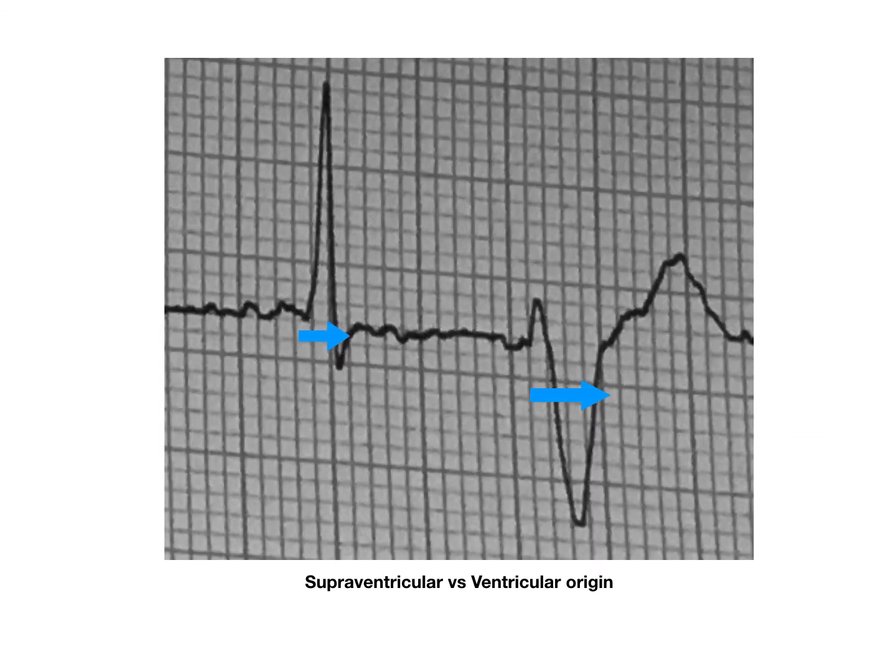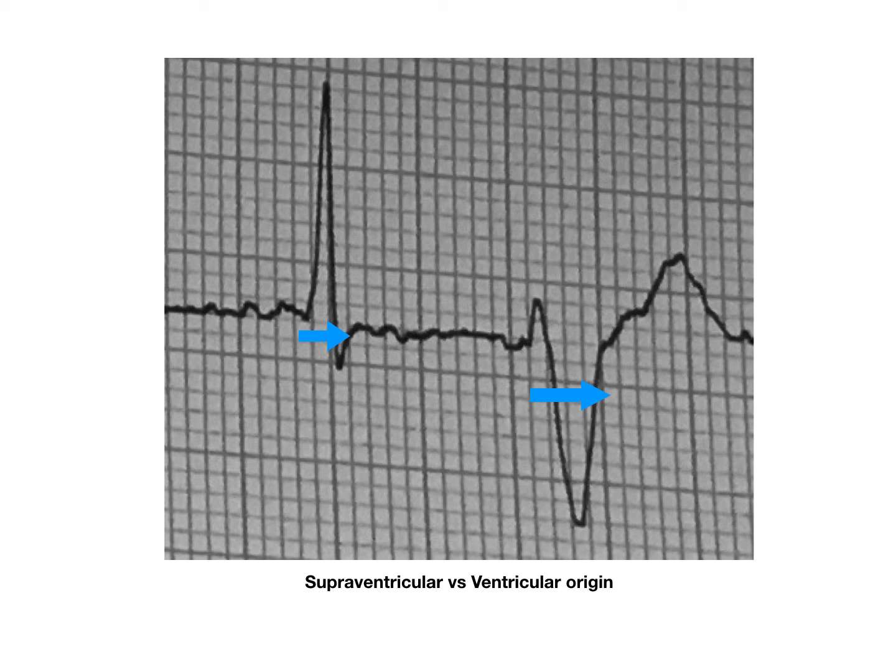In this other example, you can see that the two waves have different arrows. The first one has a small arrow because the depolarization was very fast. With knowing that, you can make an assumption that probably the wave comes from a supraventricular origin.